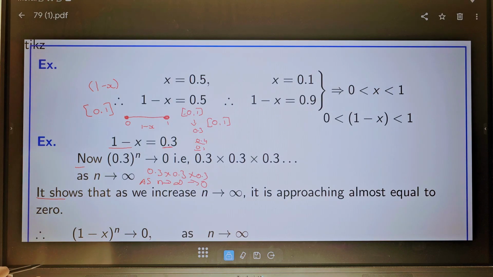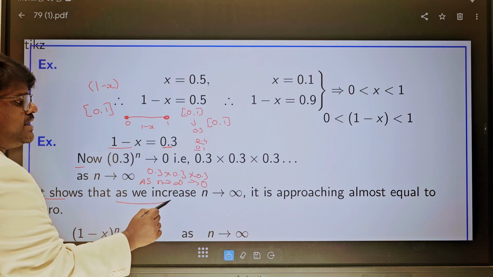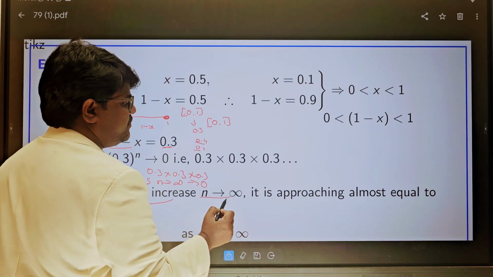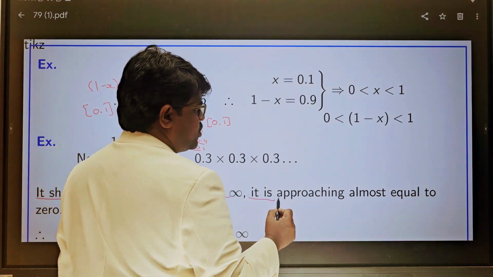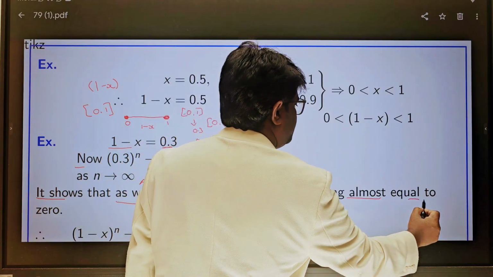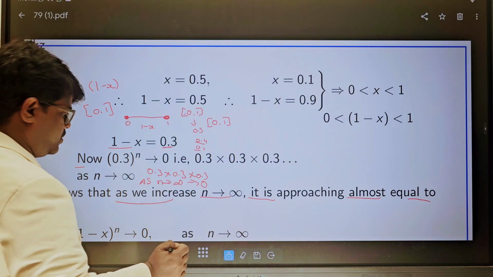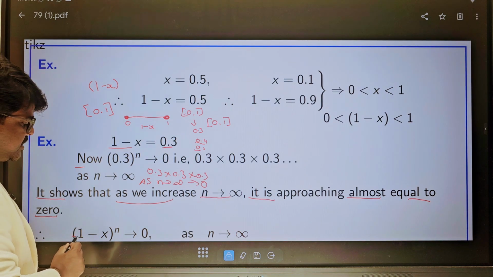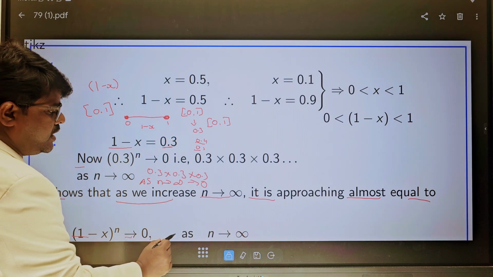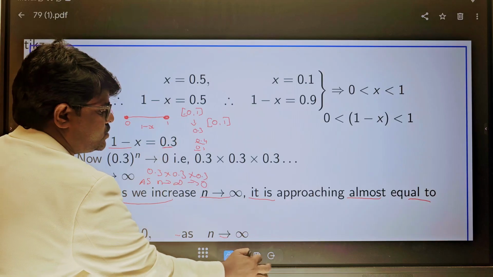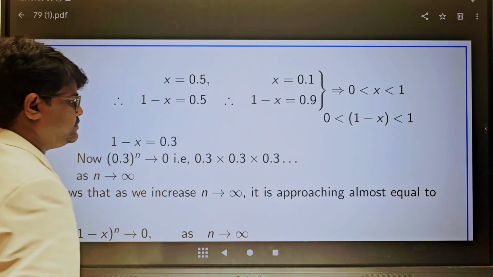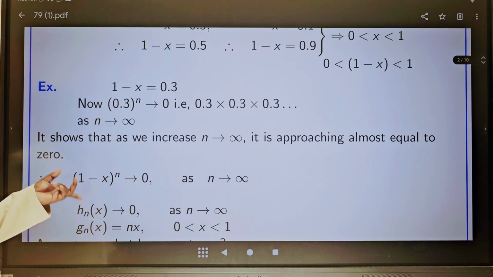It shows that as n tends to infinity, it is approaching almost 0. Therefore (1 minus x) to the power of n tends to 0 as n tends to infinity. I think this step is clear for you.